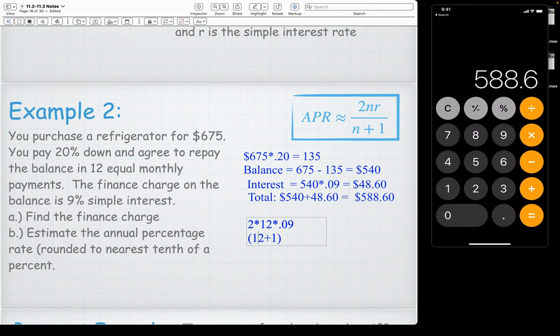And so on top, 2 times 12 times 0.09, so $2.16. And we'll divide that by 13.